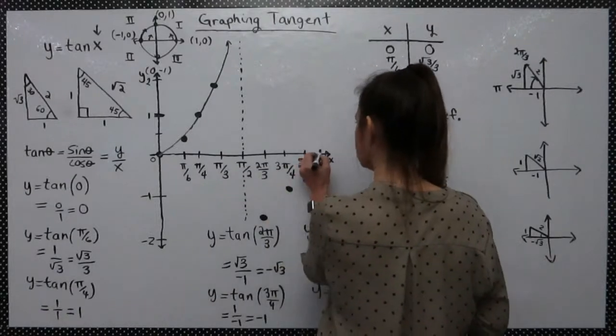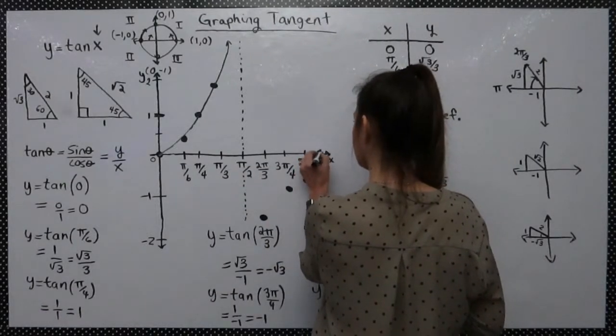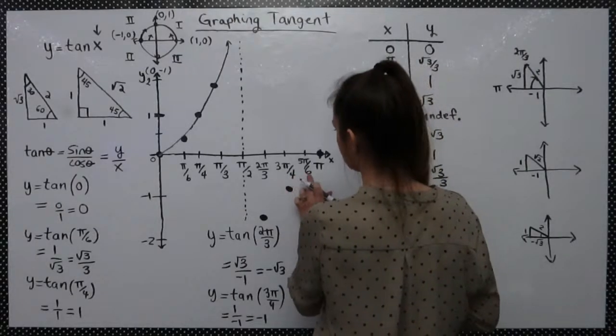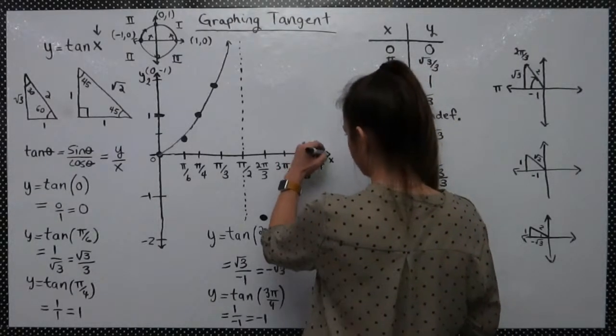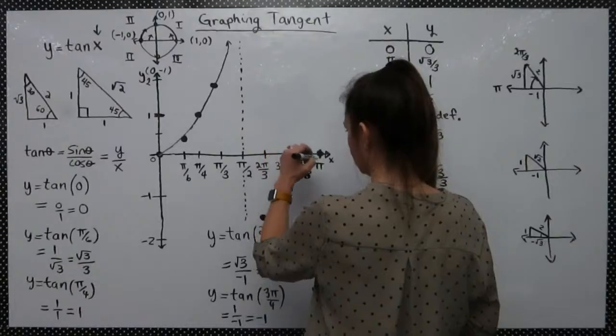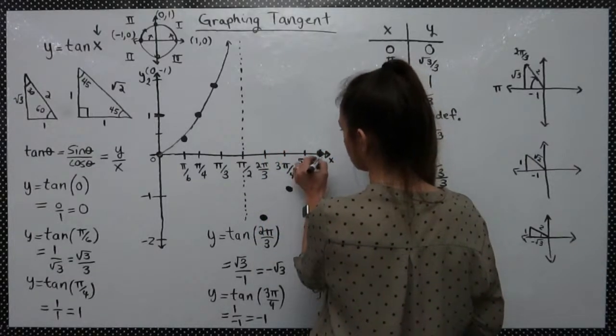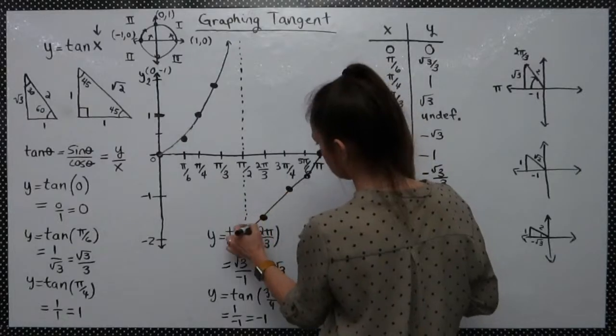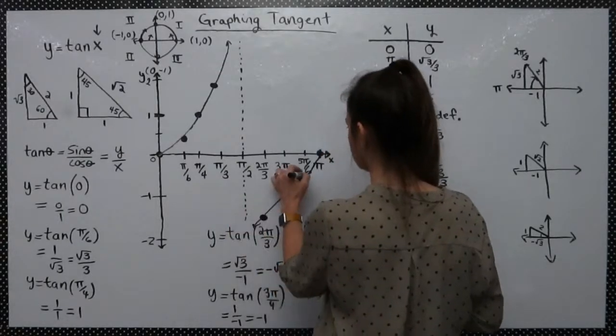And then at pi, it's back to 0. So it's, oh, yeah, do a little bit better. How's this doing? So it's kind of going off that direction.